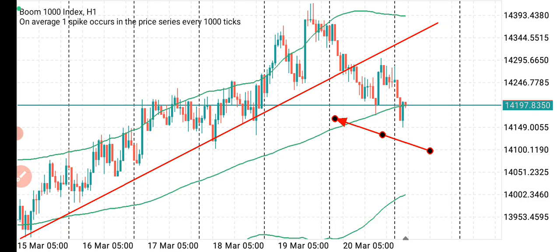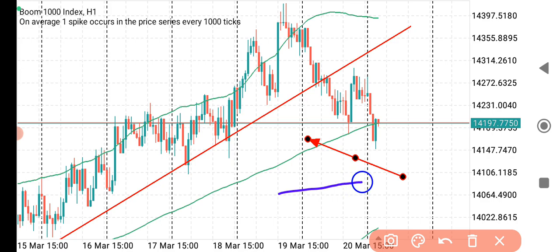Okay, and if you are someone who understands very well, you agree with me that this market has been making higher highs and higher lows. We have a low, we have a high, we have a higher low here.